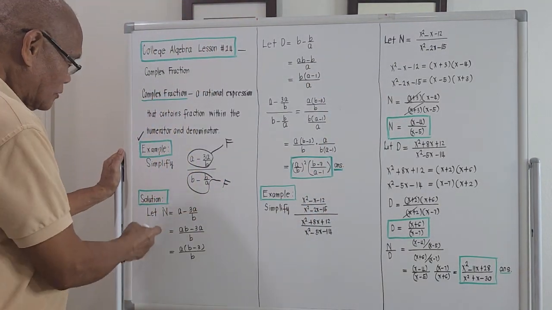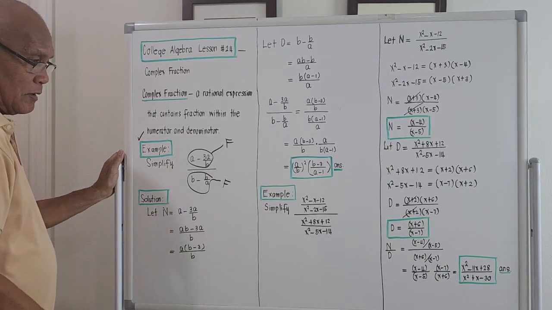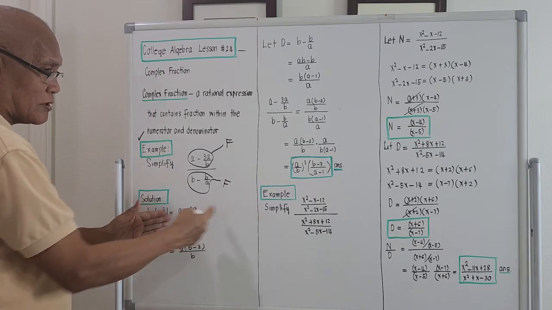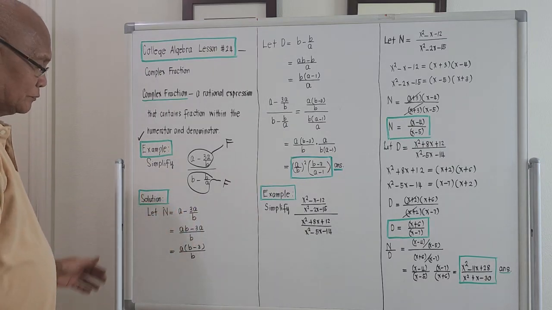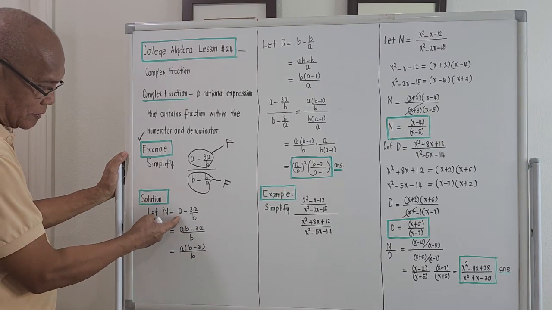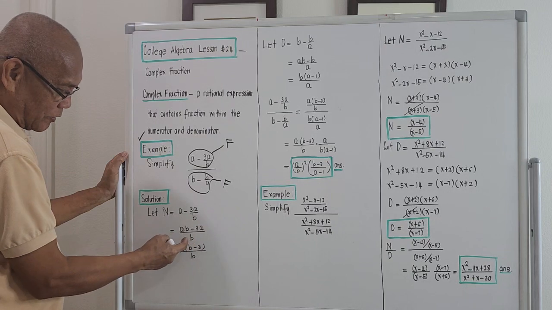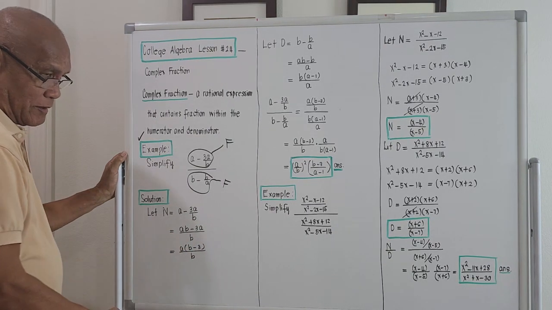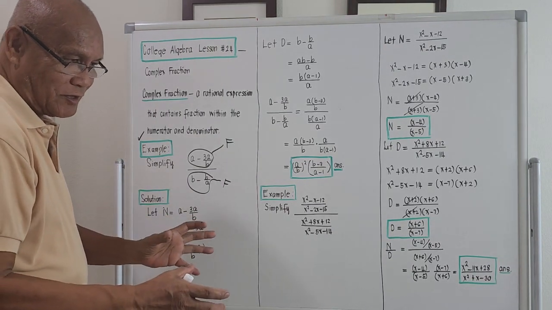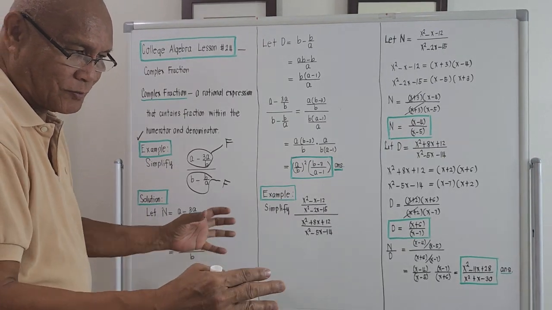So capital N is A minus 3A over B. We now proceed with the simplification of this. The simplified equivalent will be A times B minus 3A all over B. This has been coming out in the short videos, the simplification of two fractions.